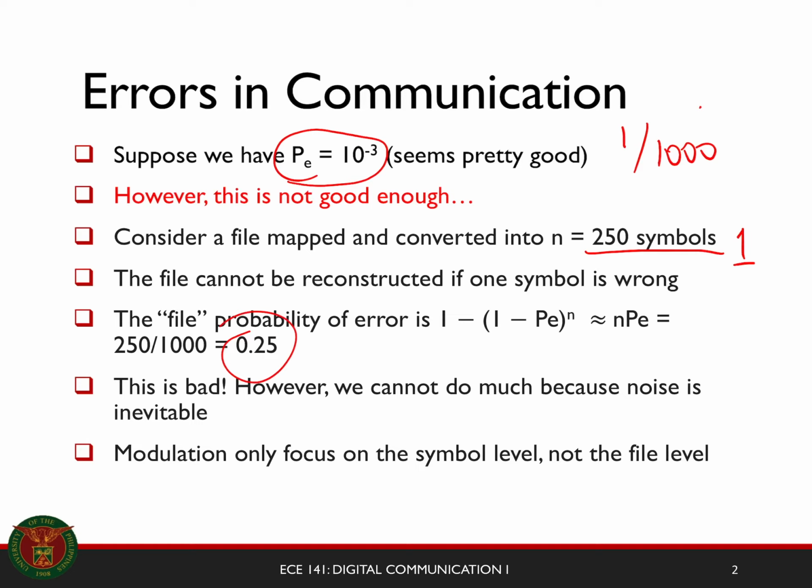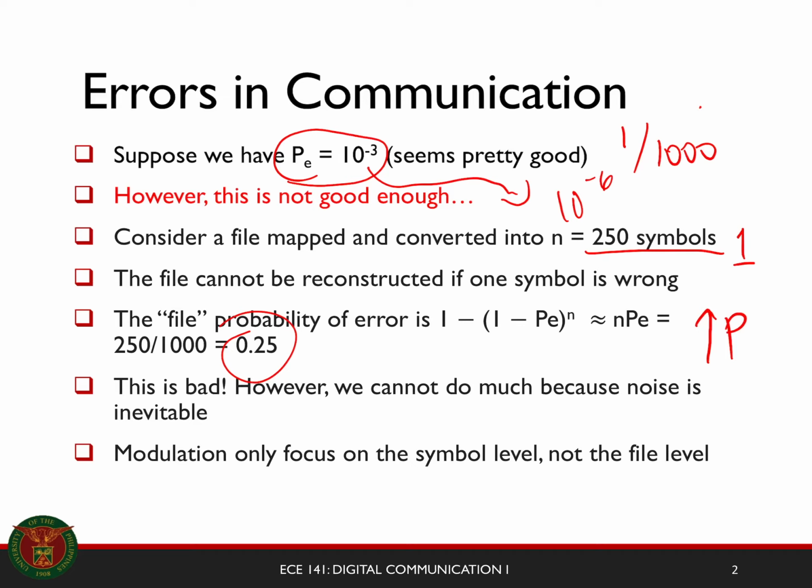So how do we fix this? Maybe we could decrease the bit error rate, maybe to 10 to the minus 6, but as we know, we need to increase power. Increasing power to reduce the bit error rate would be wasteful because power is limited, especially when transmitting in a wireless channel or even a wired channel.